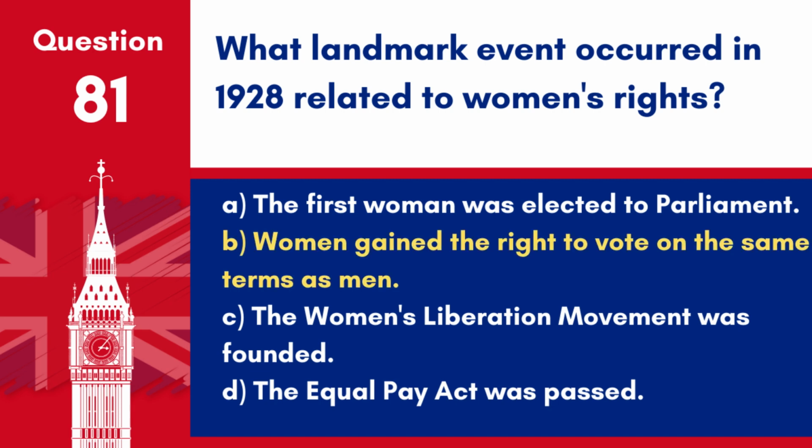Answer: B. Women gained the right to vote on the same terms as men. In 1928, the Representation of the People (Equal Franchise) Act granted women the right to vote on equal terms with men, expanding suffrage to all women over the age of 21.